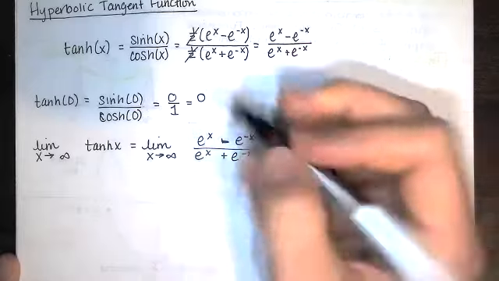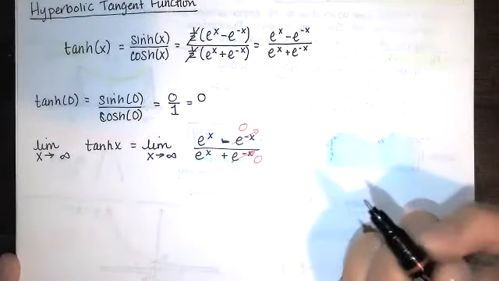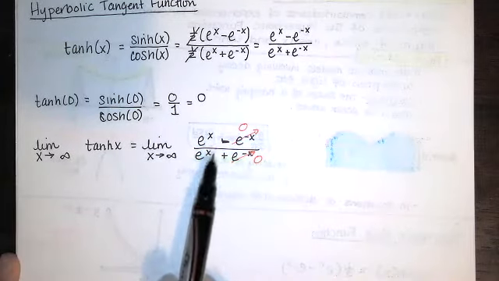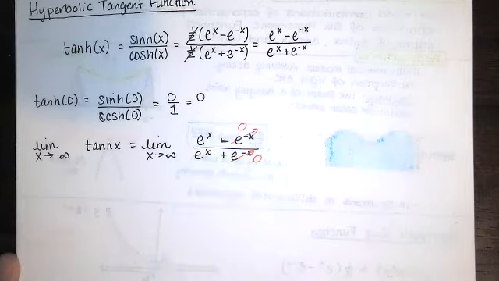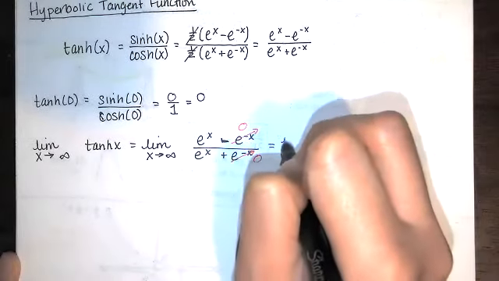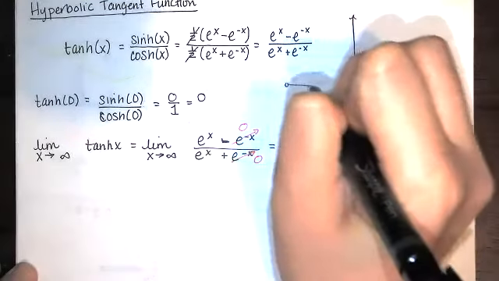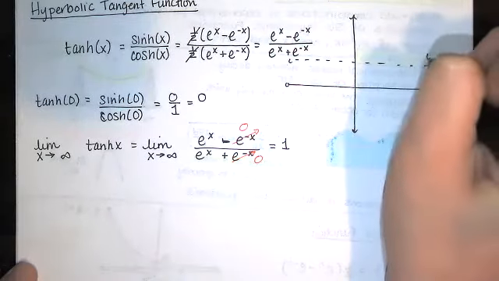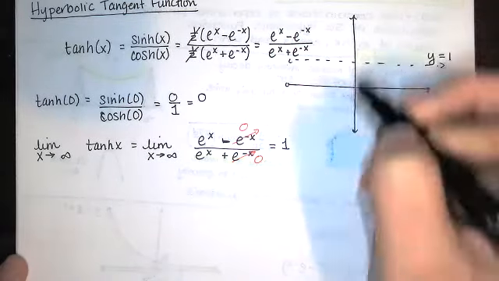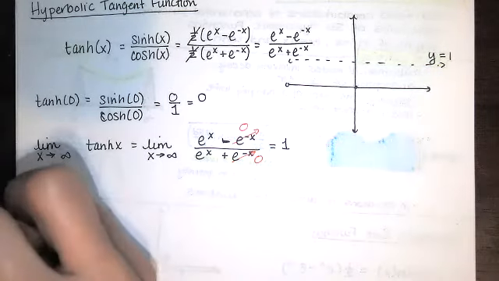E to a large negative power is a number that's getting close to 0. The same thing is happening here. So in the limit, these guys are approaching 0, and we just get something that's approaching 1. So our hyperbolic tangent approaches 1 as x goes to infinity.